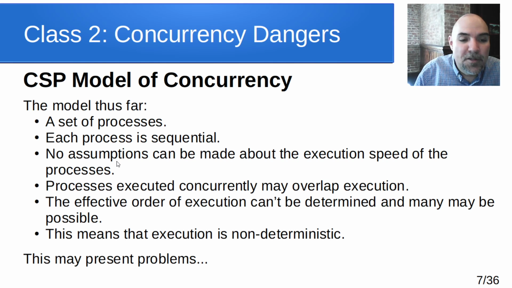But we know since they're concurrent that they may overlap their execution. And that means with them overlapping, there are effective orders of execution. There are a variety of them. It can't be determined ahead of time.